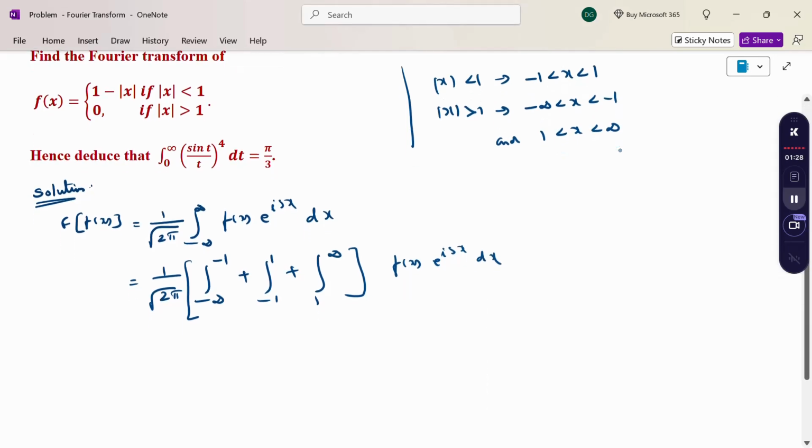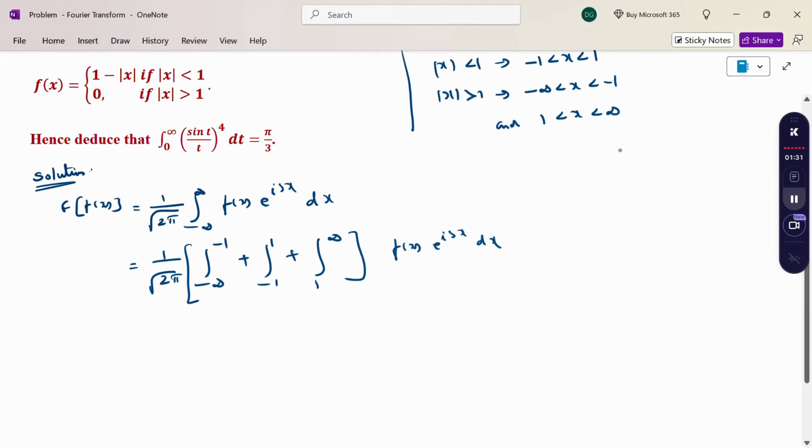Now from minus infinity to minus 1 the value of f(x) is 0, and from 1 to infinity it is also 0.